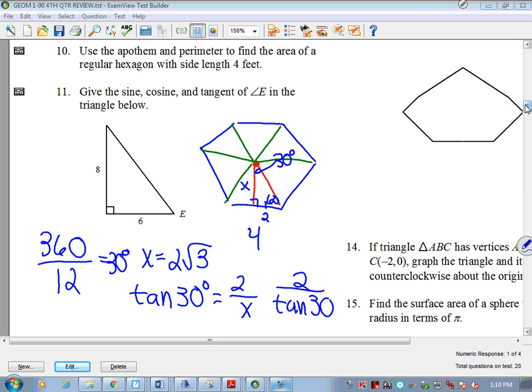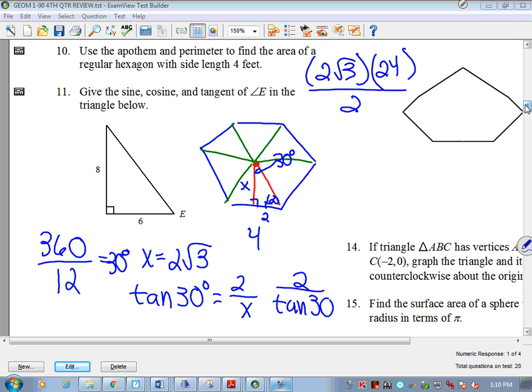But in any case, we do have 2 radical 3, and our formula for finding area is apothem, in our case 2 radical 3, times perimeter. What's the perimeter of my hexagon that has a side length of 4? 24. Okay, 6 times 4 is 24.